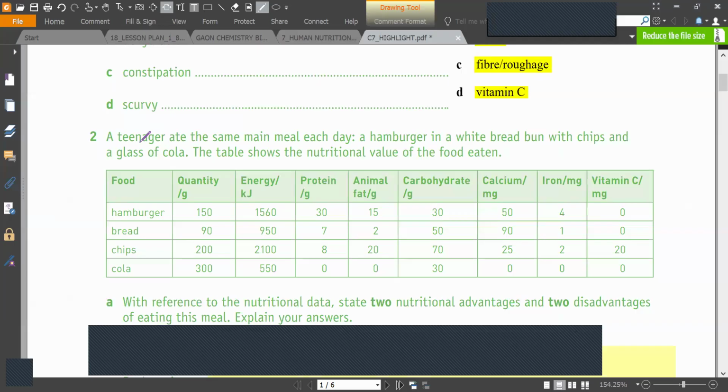Okay, next, a teenager ate the same main meal each day, a hamburger in a white bread bun with chips and a glass of cola. The table shows the nutritional value of the food eaten. So we have four types of food in his lunch.